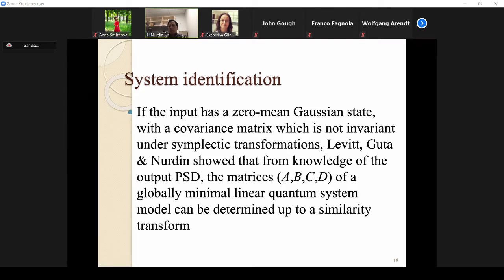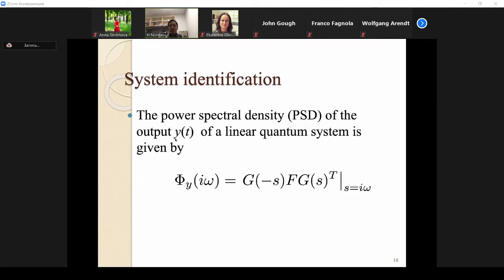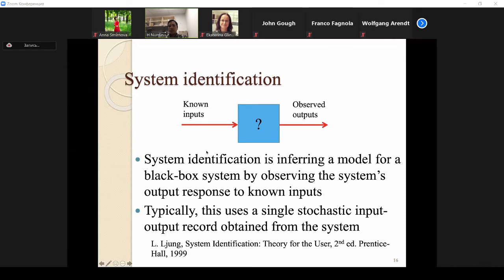So we have freedom to choose the input to the system. Remember, known inputs: we can engineer the input that we will send to the system.